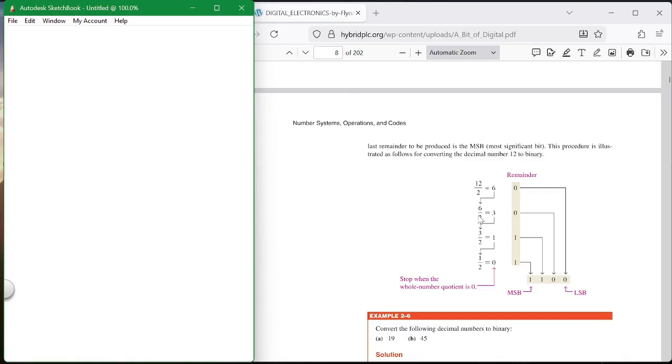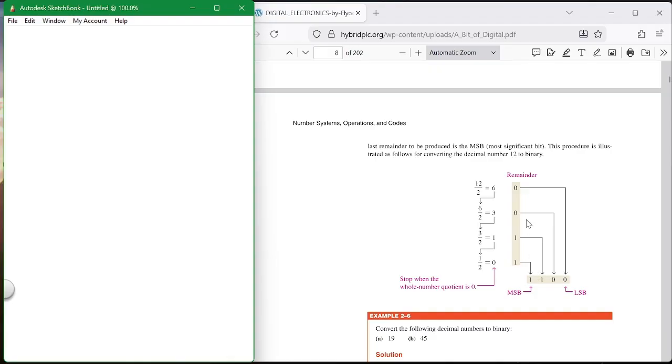Then you take 6 and divide by the base, and it would be 3, and put the remainder out here. You divide 3 by 2 is 1, put the remainder out here. Divide 1 by 2 is 0, and put the remainder out here, and then you read from the bottom to the top, 1100, and that's your number, and it always works.